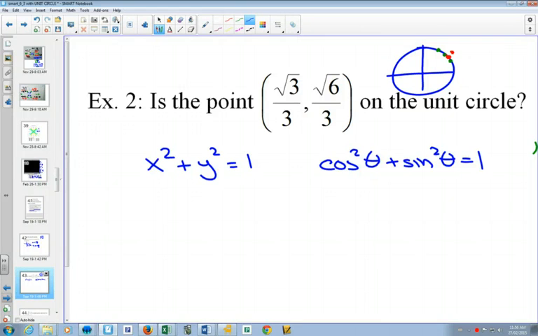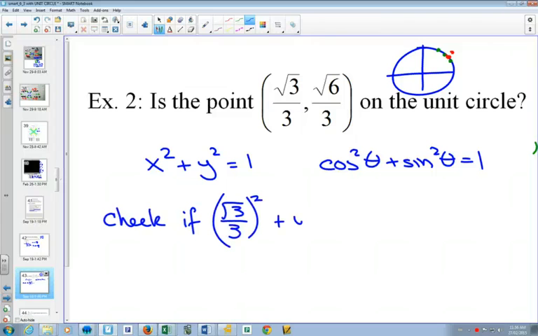And remember, our x-coordinate is the same as cos, and our y-coordinate is the same as sine. So if this is the formula, what we want to check is if root 3 over 3, because that's our x-coordinate, plus root 6 over 3, is that equal to 1?